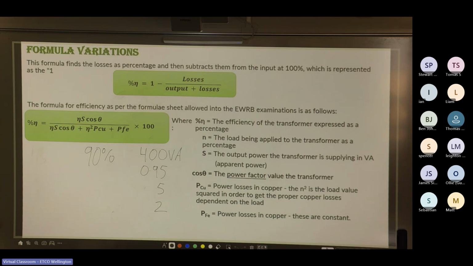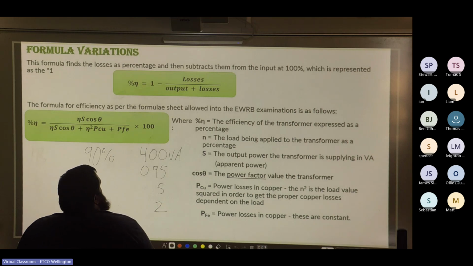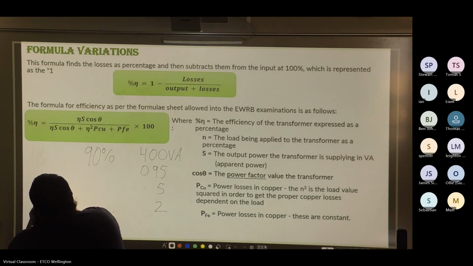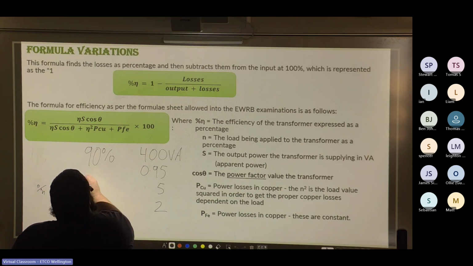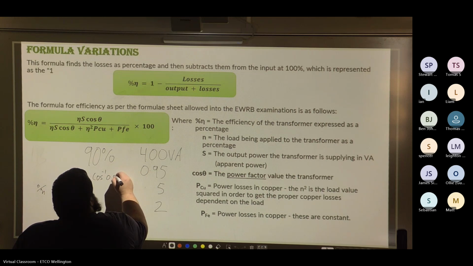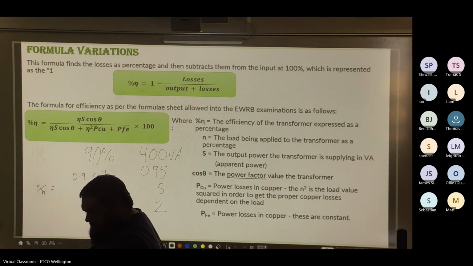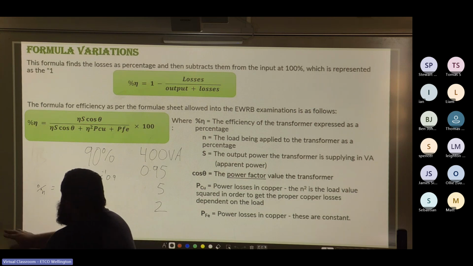So when we write out a formula, we know the load is 90%, so percentage efficiency equals 0.9 times 400 times 0.95, over 0.9 times 400 times 0.95 plus 0.9 squared times copper losses 5 plus 2.